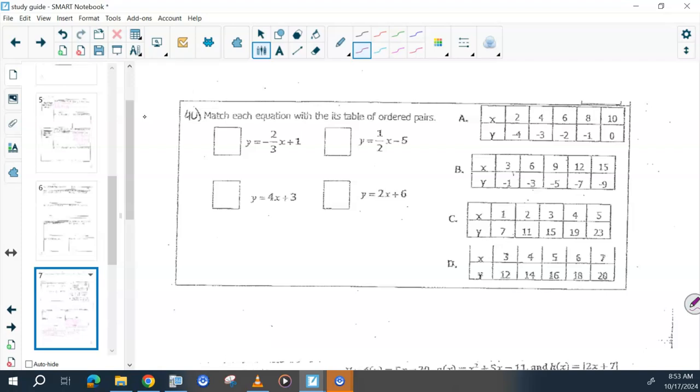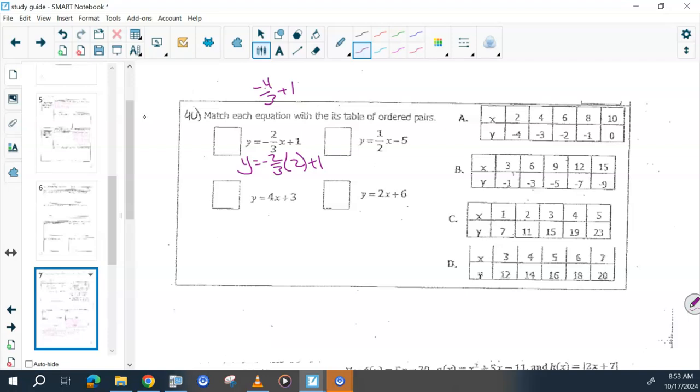So let's say I'm going to look at table A, and I want to put the x value in and see do I get that y value. So if I put this in for this first one, negative 2/3 times 2 plus 1. If I start to simplify this, I get negative 4 over 3 plus 1, which is not going to give me negative 4, so I know that's out.